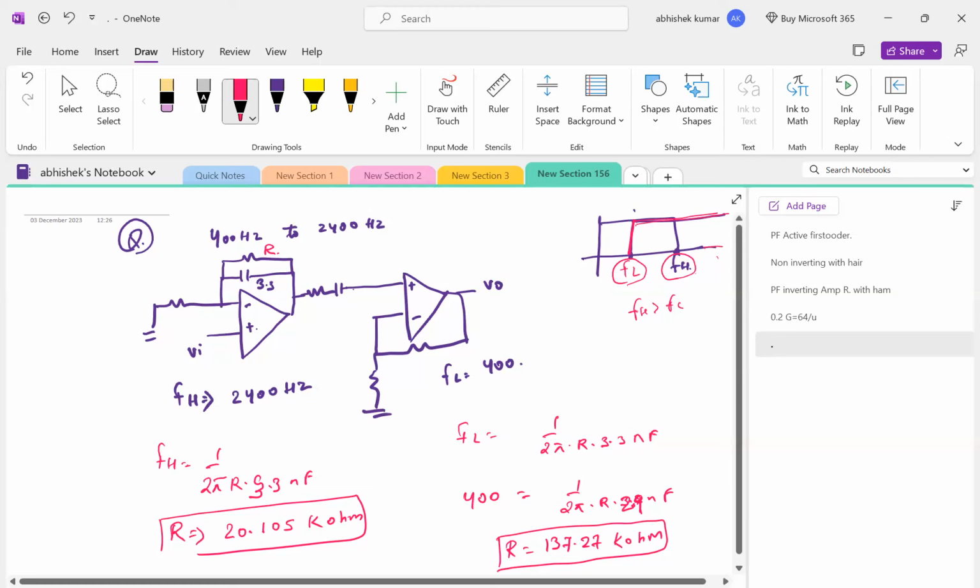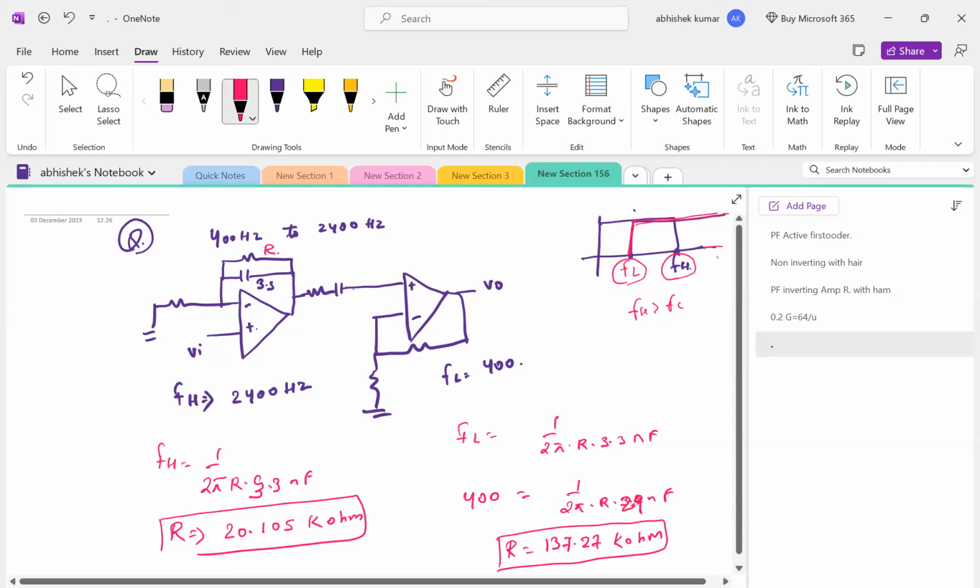When we take it individually, we denote it with FC, the cutoff frequency. But for low pass always use FH, and for the other one use FL. Now here also we will not have any confusion if you use the same convention. That is the simplest way.